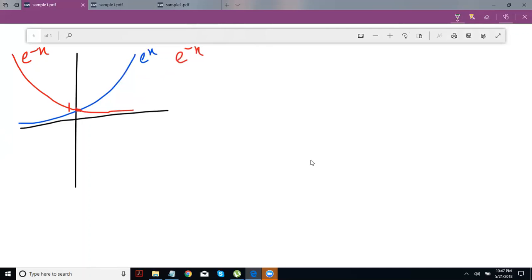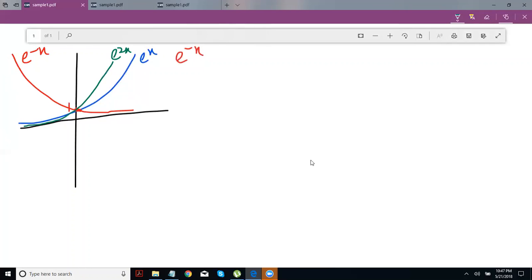We saw that this is e power 2x. Again, it shouldn't touch the x-axis, but my drawing isn't the best, so please excuse me. And this should be e power minus, well, my apologies. Wait.